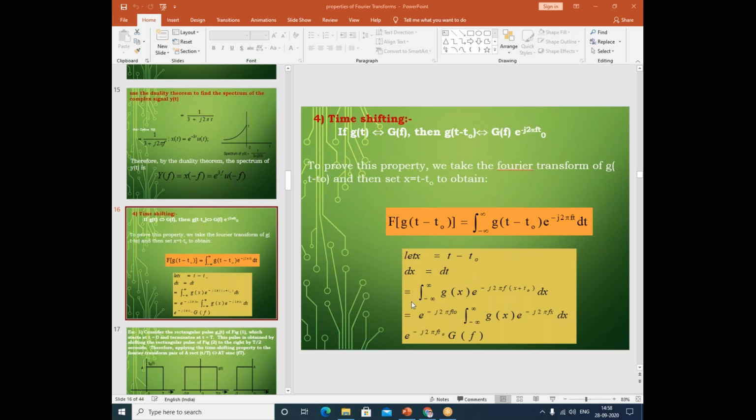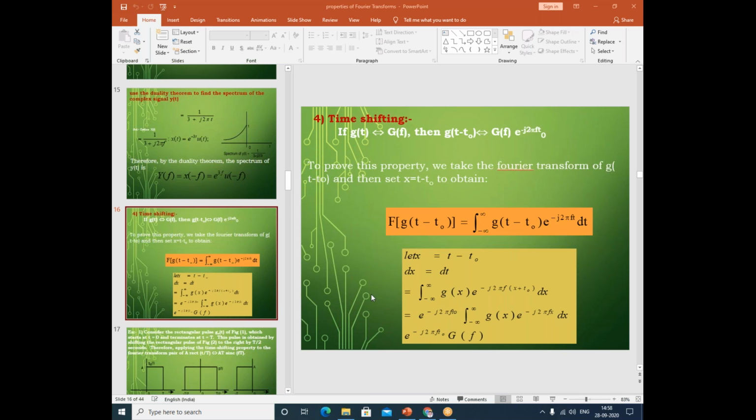Then if you apply that, you replace this t minus t naught with x, and t you can write as x plus t naught. And if you rearrange this, then this part is similar to the Fourier transform of g of x, which you can write as G of f. So this exponential term is there. So this is how you can prove this property.